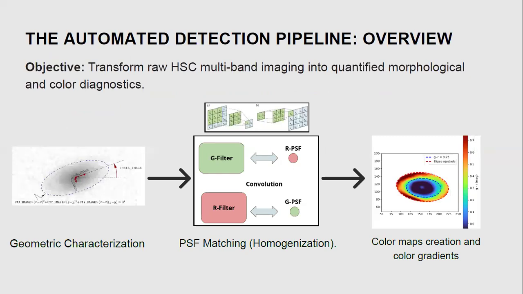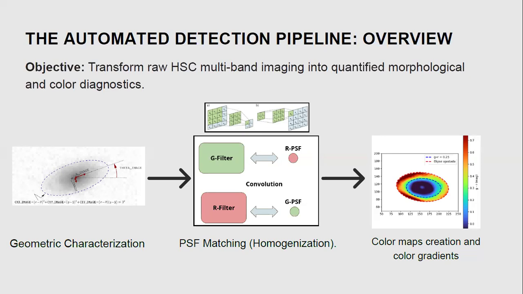I'm creating an automatic detection pipeline. My goal is to take the raw data from Hyper Suprime-Cam and create the color diagnostics and analysis. I start with geometric characterization, extracting all the useful information of the galaxy: effective radius, isophotes, color, magnitude, and angles. Then I need to correct the filters, because we have red and green filters, or any filter that you want in Hyper Suprime-Cam, but different filters have different dispersion of light.